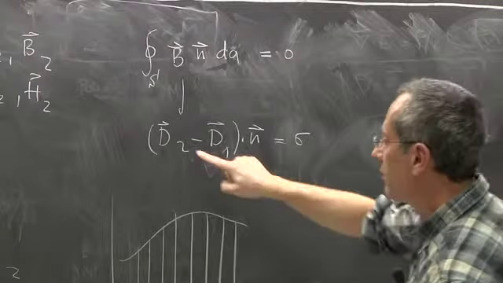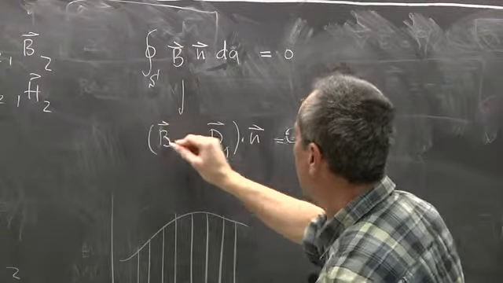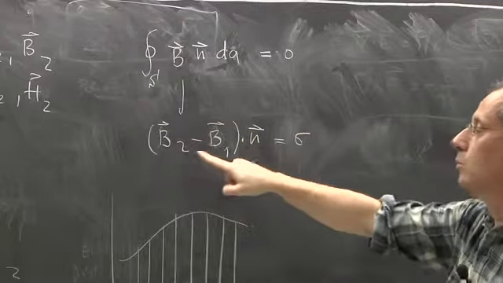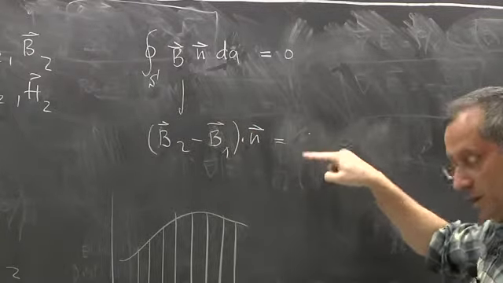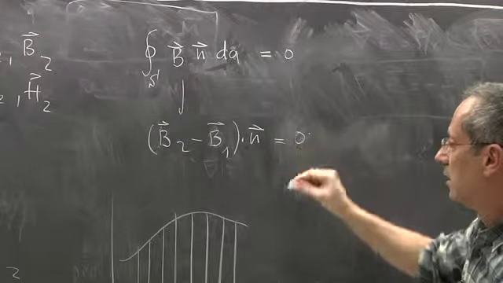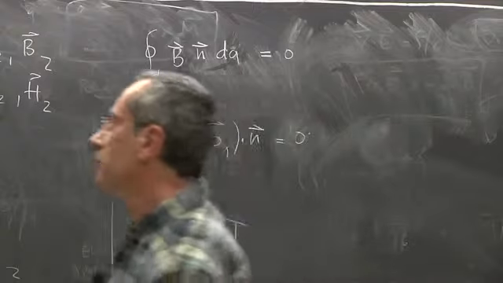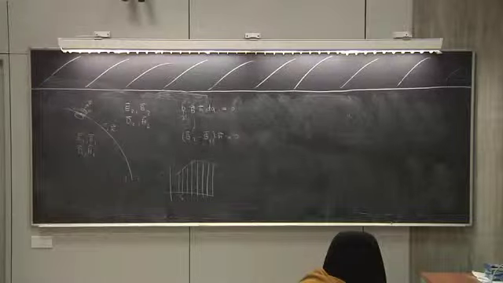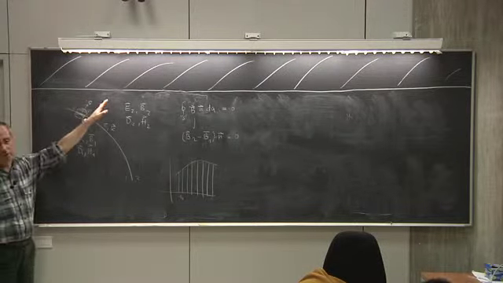So you can just replace in here the B and here the B, and you get that B2 minus B1 is equal to 0. So in that case, no matter what, even if you have some current, some charges, still the B field, this magnetic induction, goes continuously.